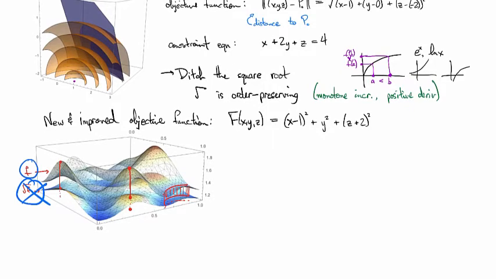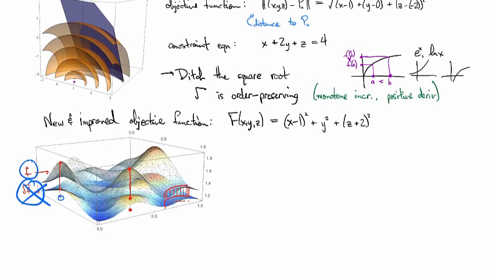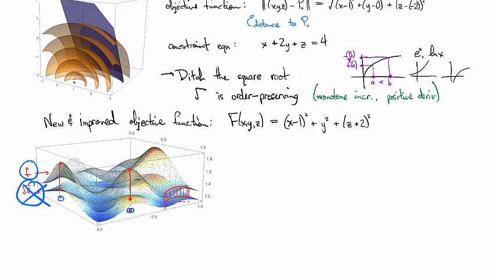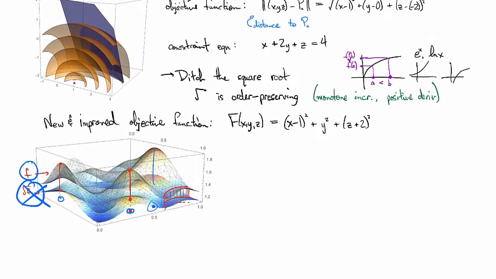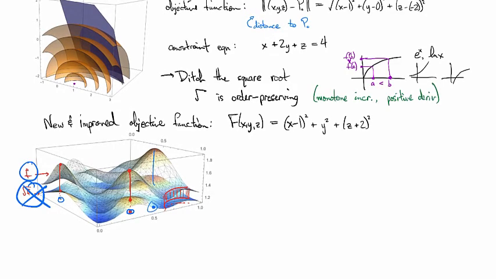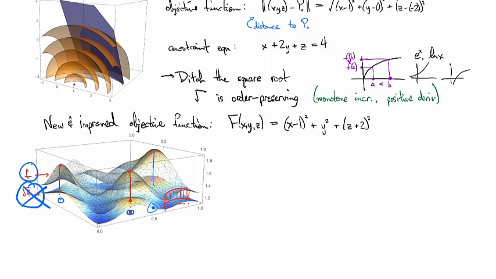I'm just going to work with f instead, and I will locate the minimizers and the maximizers of this function instead of the original function. And then all I have to do is remember to take the square root at the end if I actually need to find the maximizing or the minimizing value.